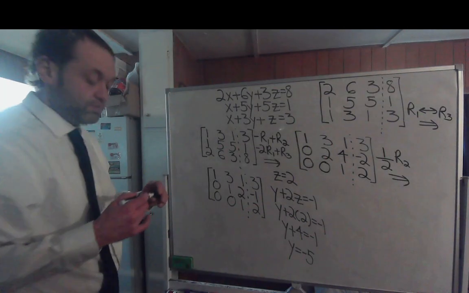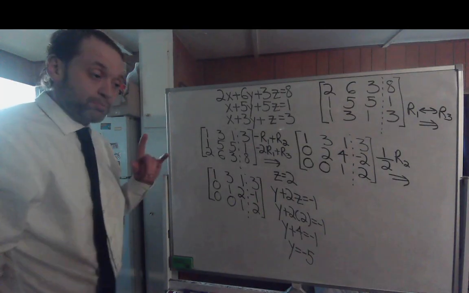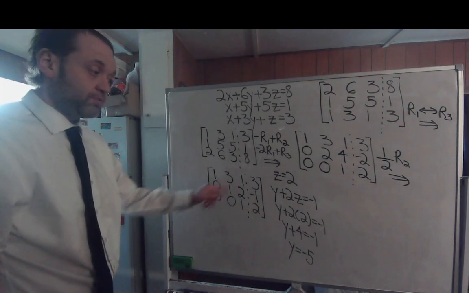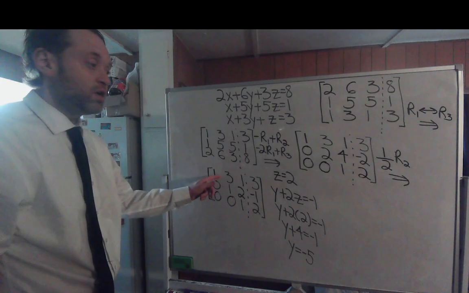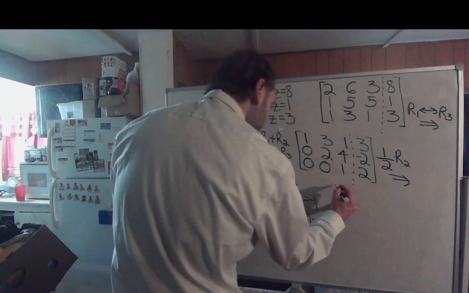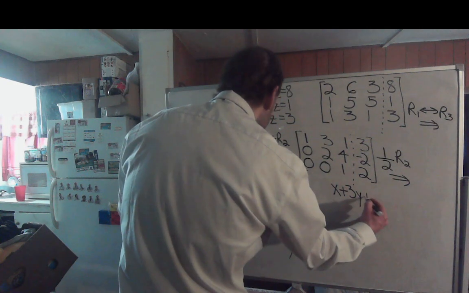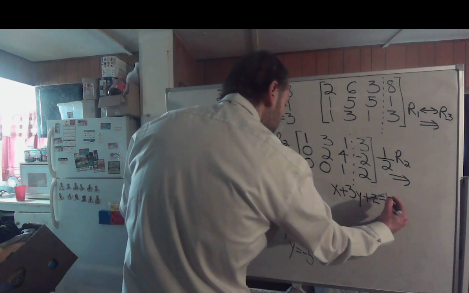So now we know both y and z. We're going to take both of those, put that into the top row, which gives you the coefficients for all your x, y, and z variables. This would end up being x plus 3y plus z is equal to 3.